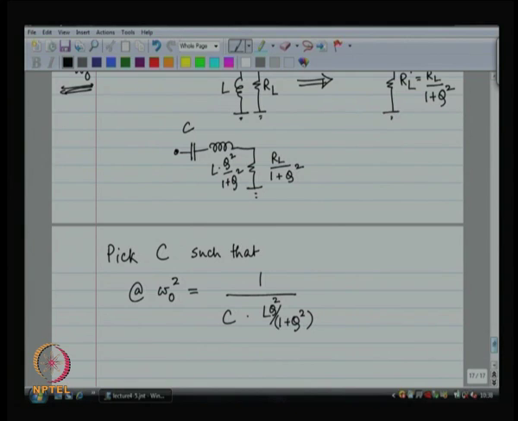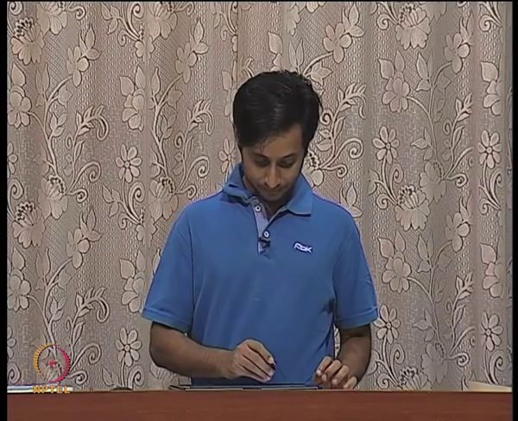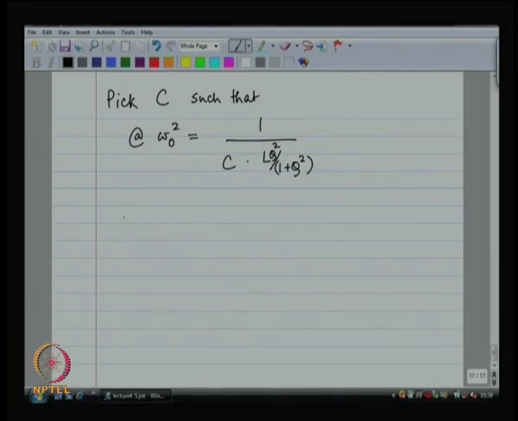Okay, pick C in this fashion and then C and L will resonate, they will form a combined impedance of 0 ohms at omega naught, and therefore, all that you are going to see is R L. Am I right? So, if you do such a thing, then your load resistance at omega naught is going to be R L by 1 plus Q squared.